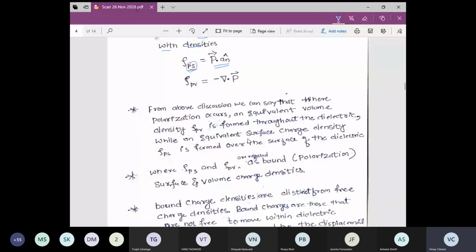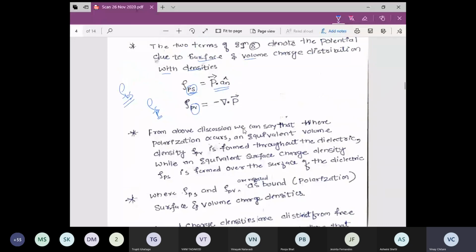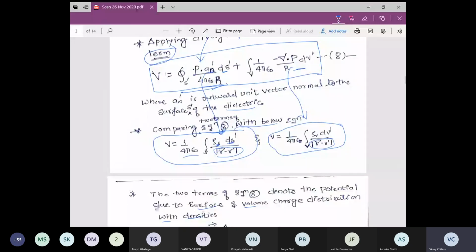We don't write it as rho_s, but as rho_ps, or some authors write it as rho_b s, bound charge densities. What equation 8 is telling us is that we have a potential outside the dielectric material due to two bound charge densities: one is the bound surface charge density and the other is the bound volume charge density.